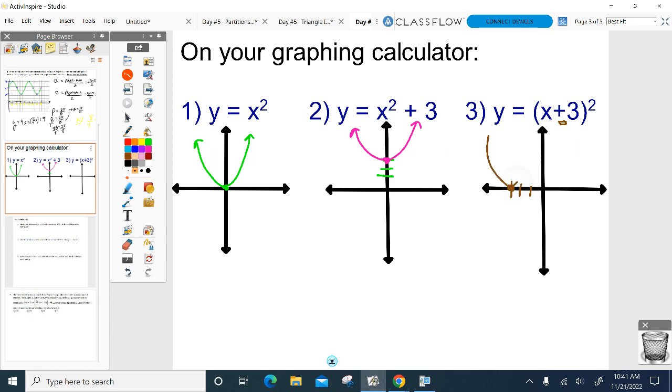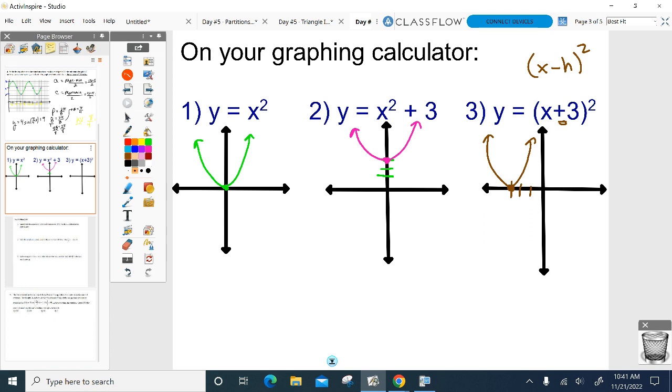If it's plus, it actually moves to the opposite side when it moves left and right. Is it because it's squared? No. Here's why. Usually the formula is x minus h, squared.